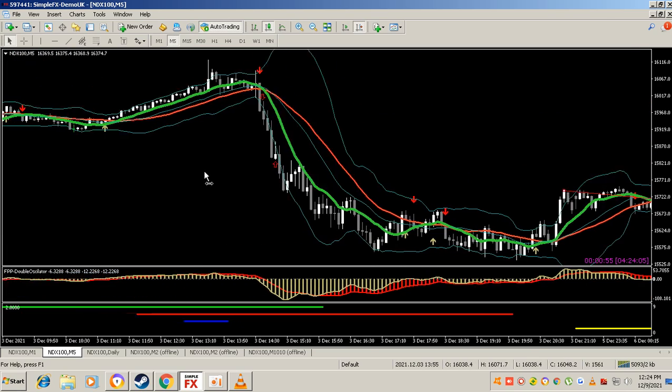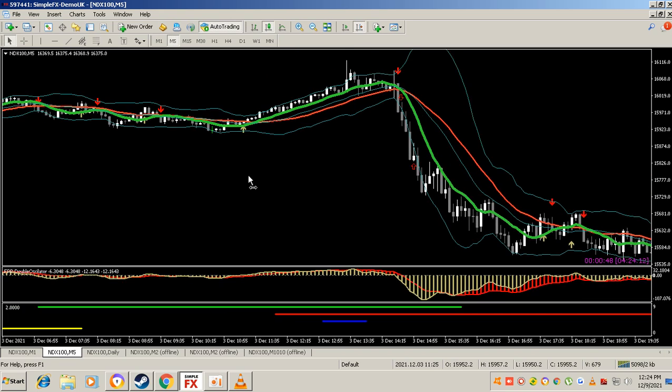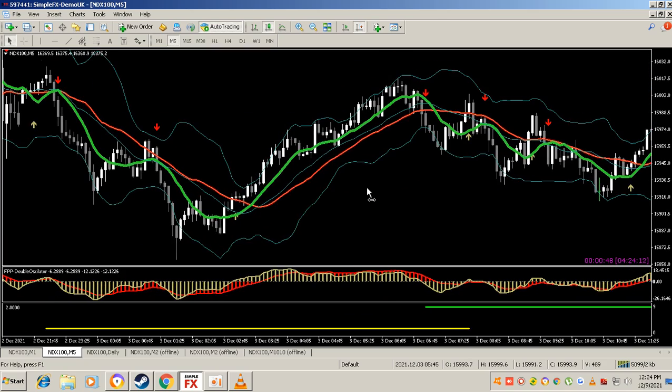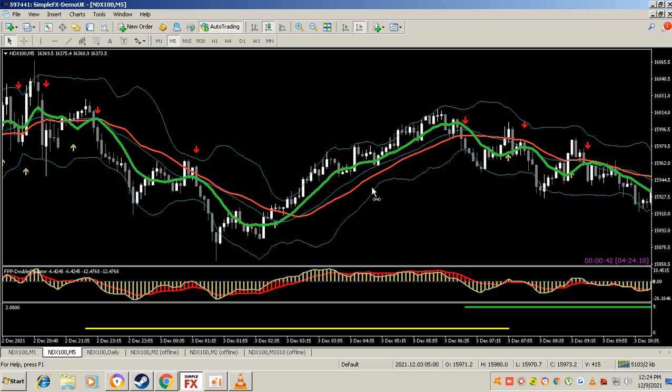Let's try another example, because not all the time both of the gravity lines will work. So let's say for example this one, this previous day.